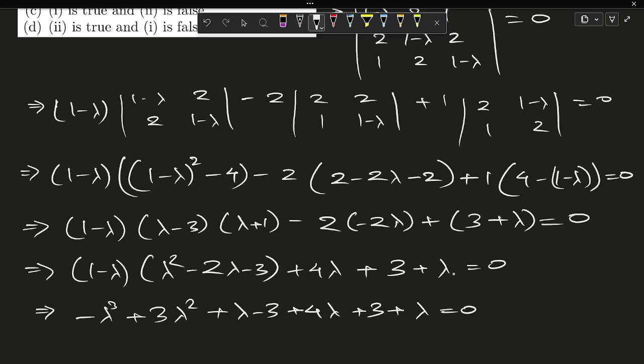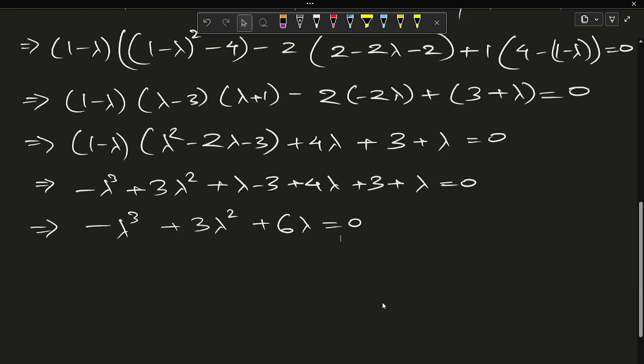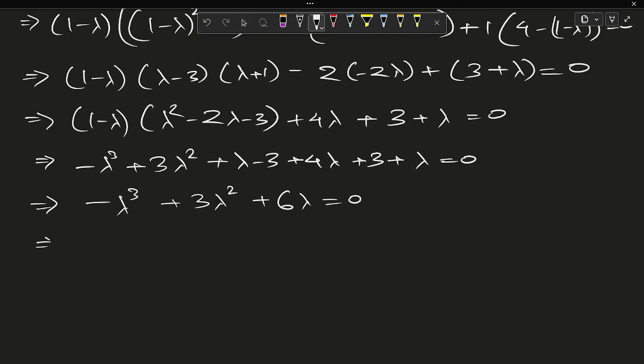So the final form of the equation will be minus lambda cubed plus 3 lambda squared plus 6 lambda equals 0. So we can write this as minus lambda times (lambda squared minus 3 lambda minus 6) equals 0.